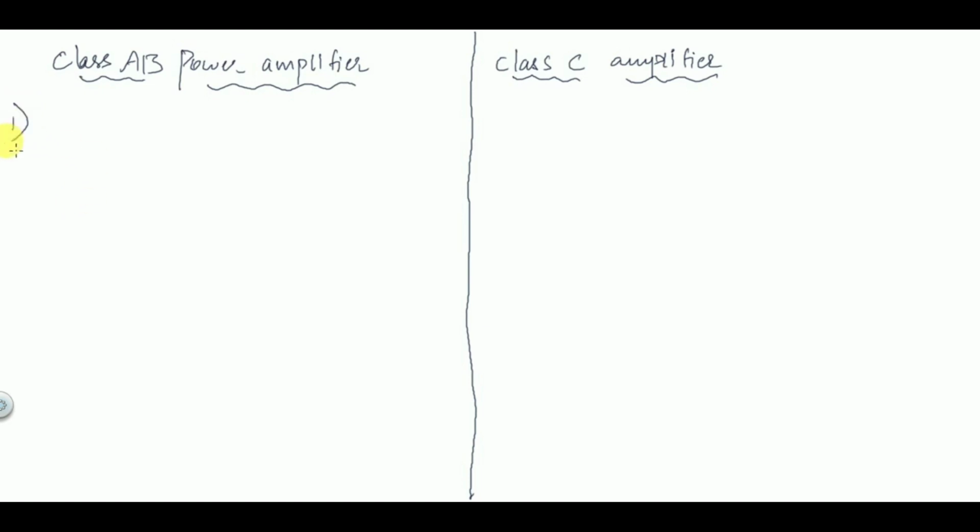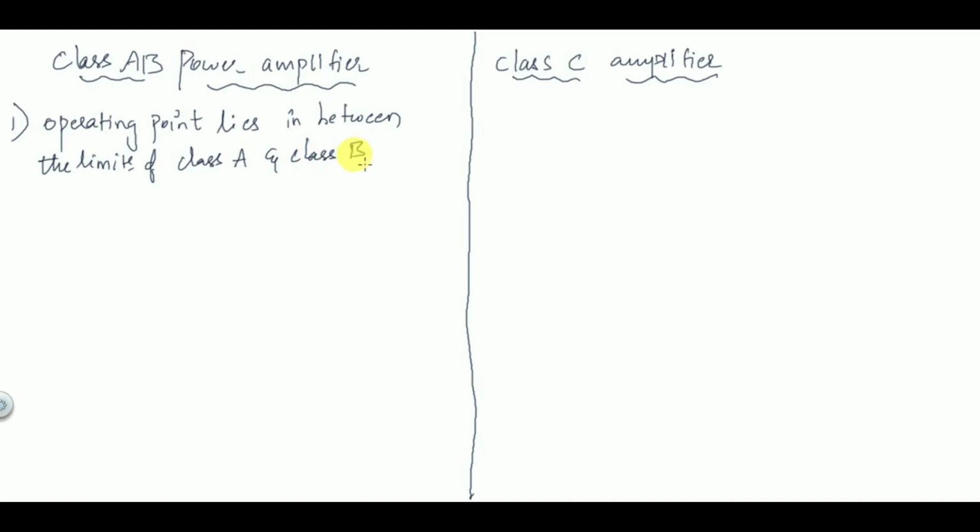Right, the first point which you have to remember for class AB power amplifier is operating point. The operating point lies in between the limits of class A and class B power amplifiers.